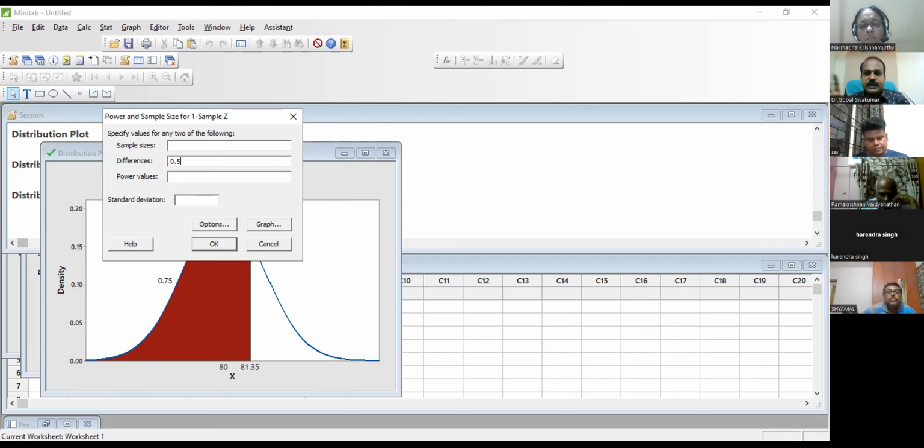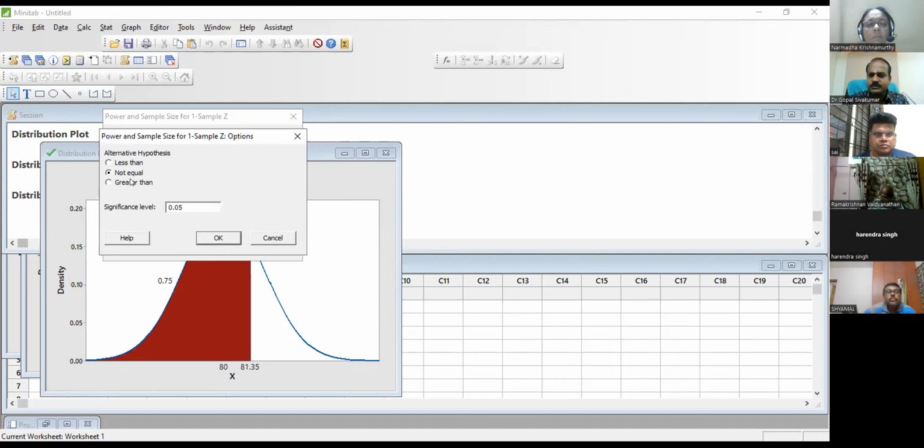What is the difference? 0.5. Now you have to prove the increase in compressive strength is because of the new process. That is the hypothesis testing you are doing. So 0.5 is the difference in the average. Power, how much power do you want in your hypothesis testing? 0.95. Standard deviation means known standard deviation. That is 0.75. This is given, isn't it? Now option.